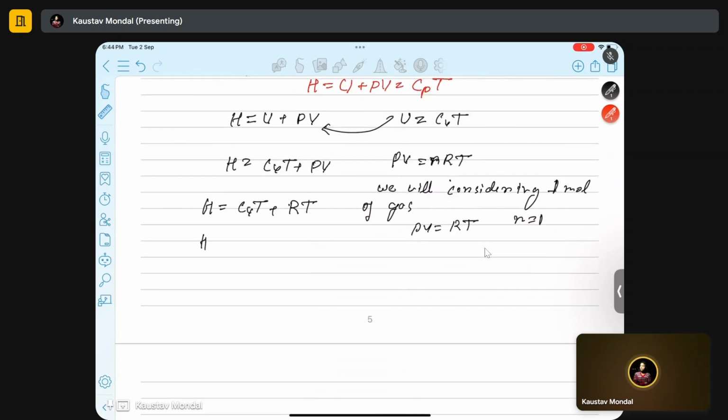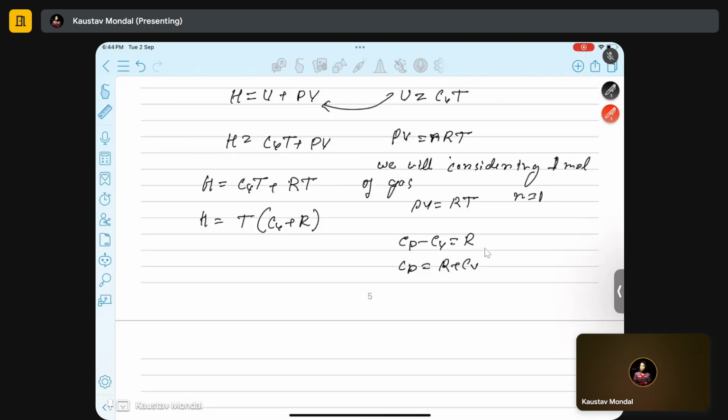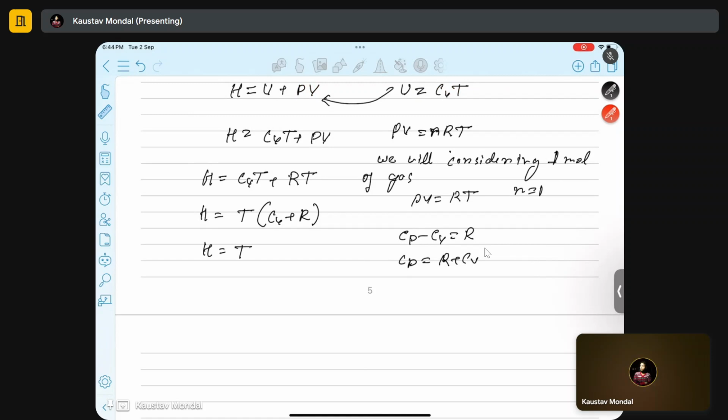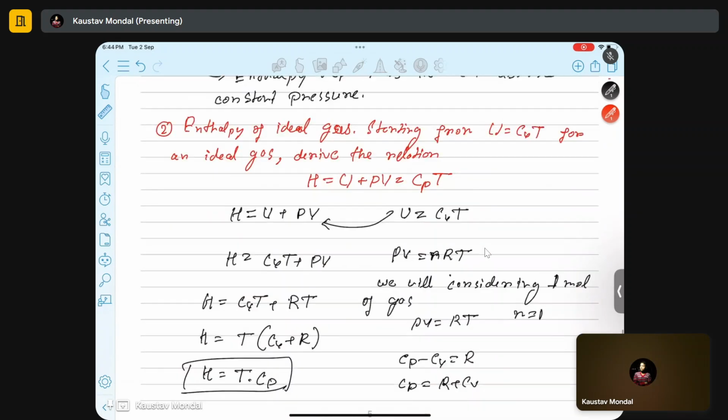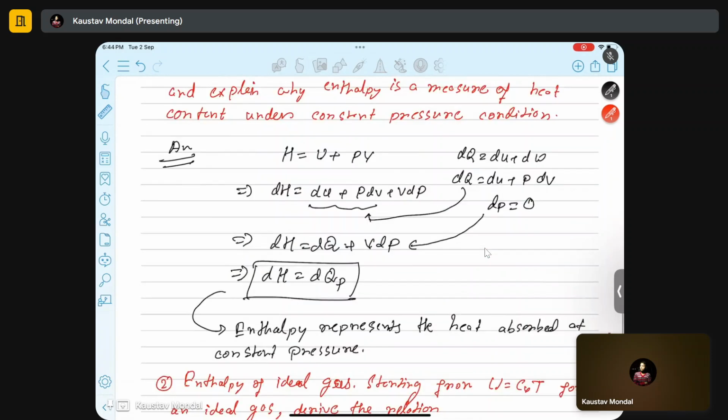Now H will become, if you take T as common, CV plus R. So we already know Cp minus Cv equal to R. So Cp is equal to R plus Cv. So this means H equal to T into Cp. So the expression of the enthalpy we got, H equal to Cp into T.